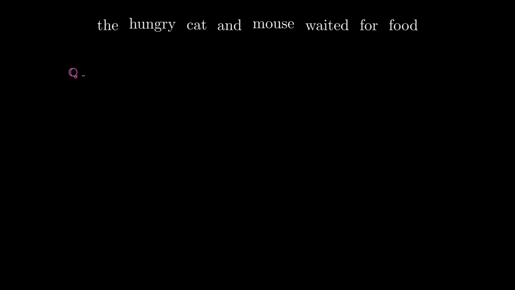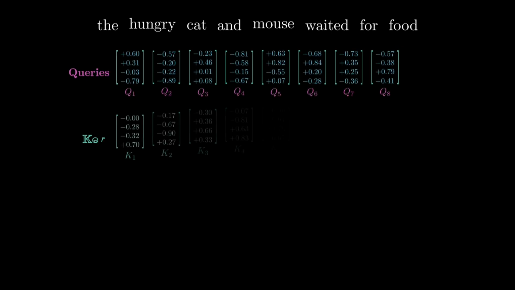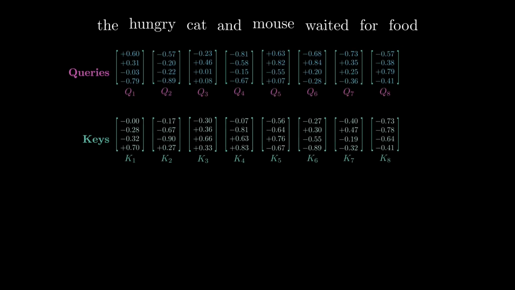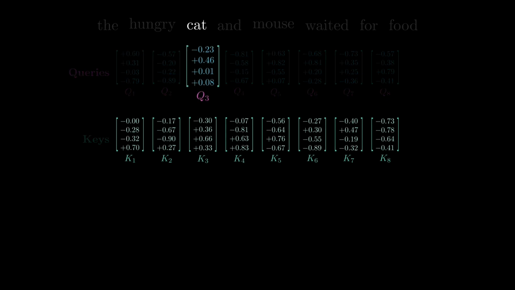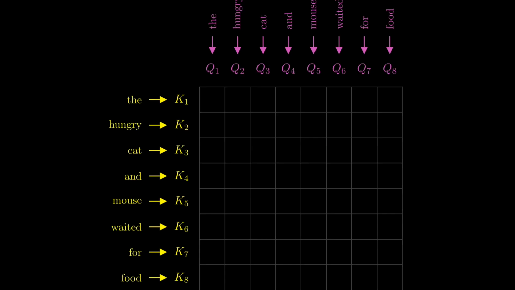So now we have the queries that ask questions and keys that hold the answers. Once we have both of these, we need a way to measure how much one word should pay attention to another. In other words, we want to know the relevance score between every pair of words when they encounter each other.